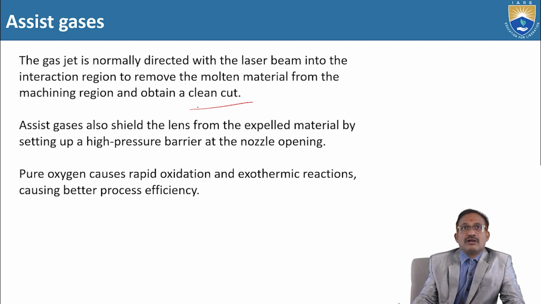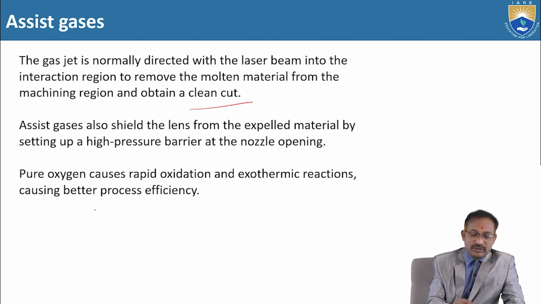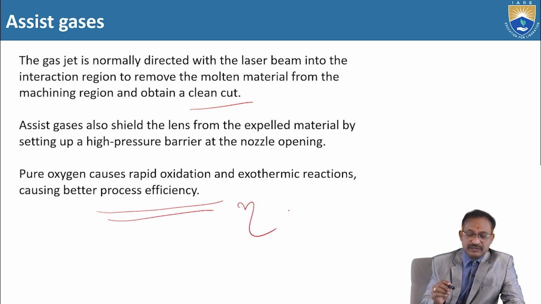Assist gas is one of the parameters affecting the quality of laser drilled holes. Assist gases also shield the lens from the expelled material by setting up a high pressure barrier at the nozzle opening.